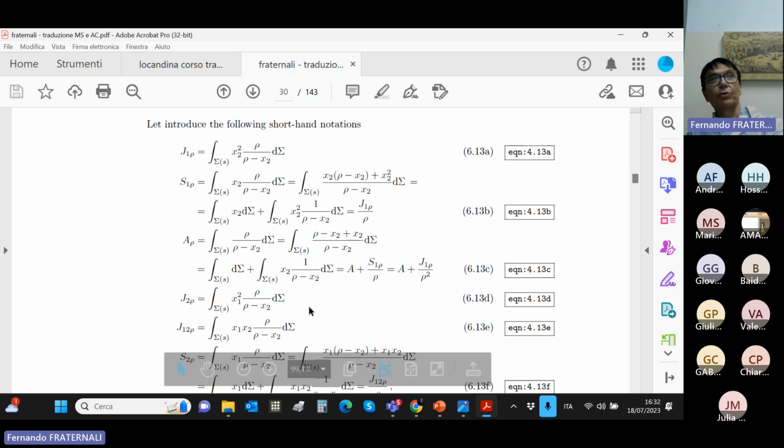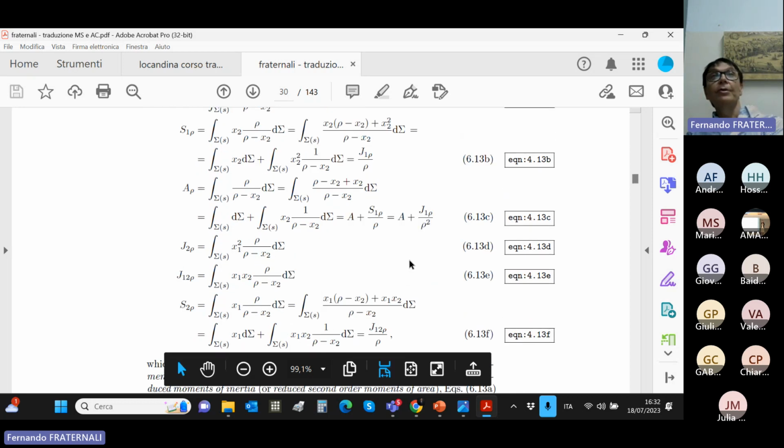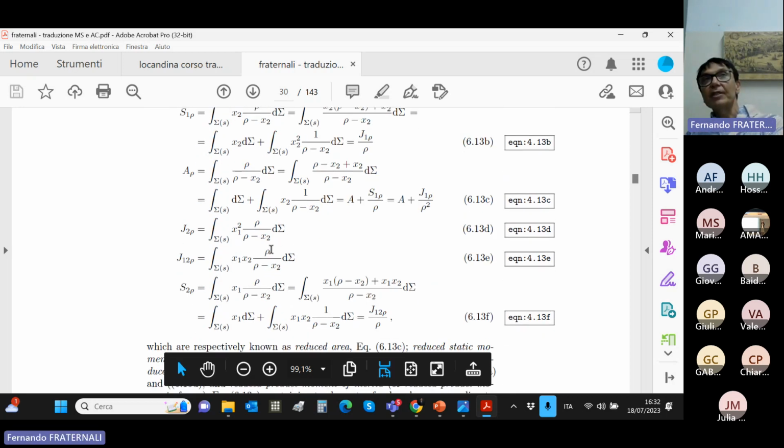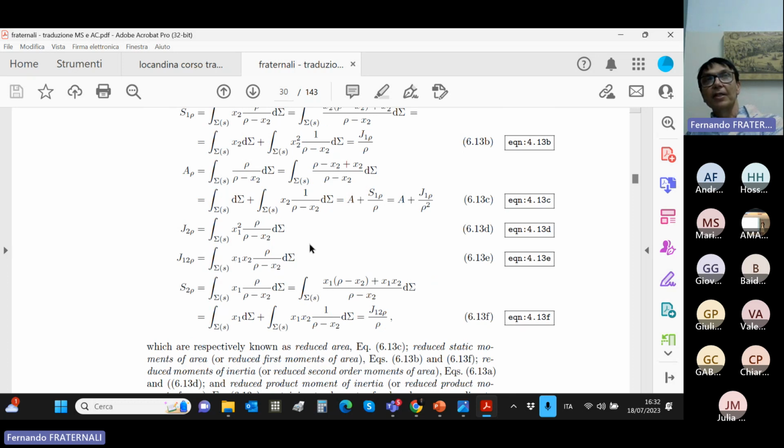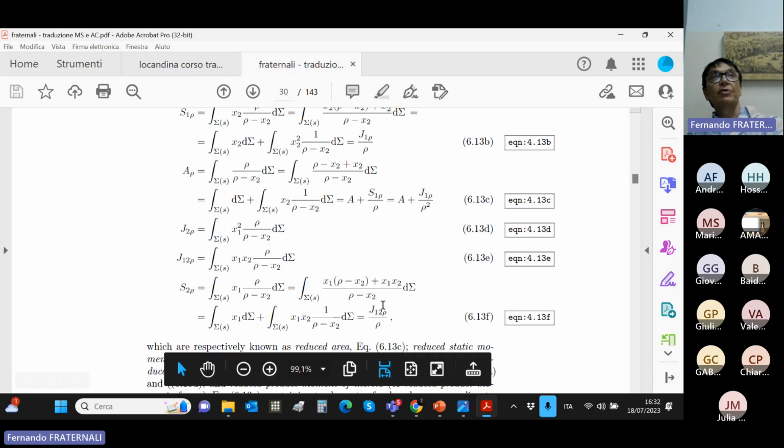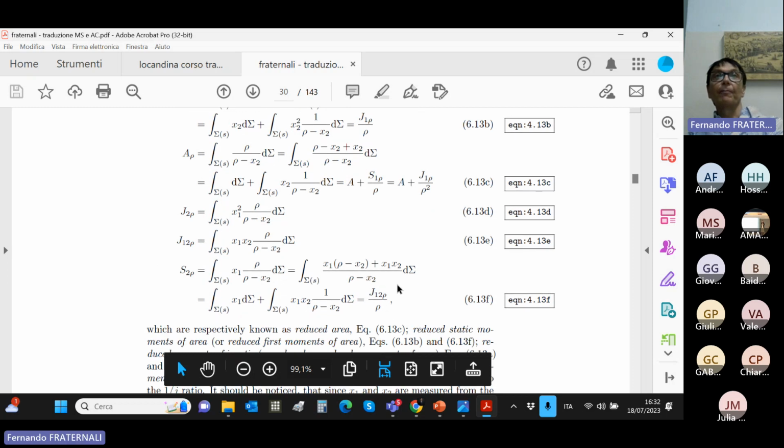Then we also have J12 rho, which is not zero, even if the axes are principal axes of inertia, because this quantity x1 x2 is multiplied by this factor. And then we have S2 rho, which is equal to J12 rho over rho.